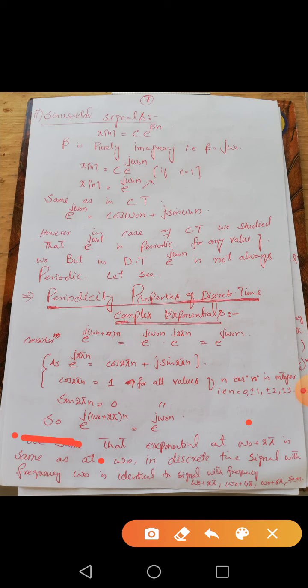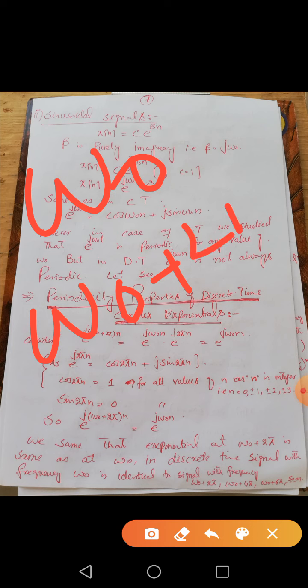Meaning to say that the exponential at omega naught is the same at omega naught plus 2 pi, omega naught plus 4 pi, and omega naught plus 2 pi n, any multiple of 2 pi.